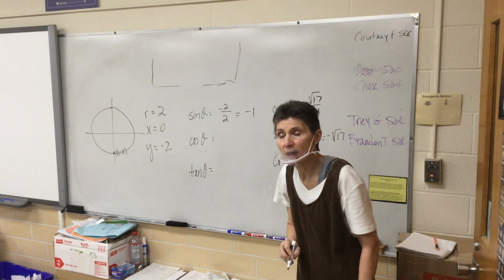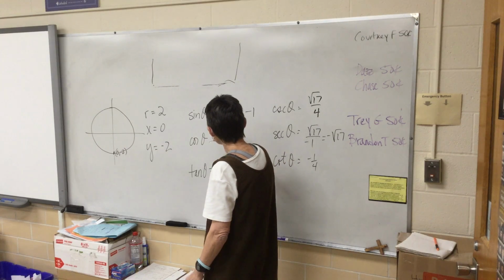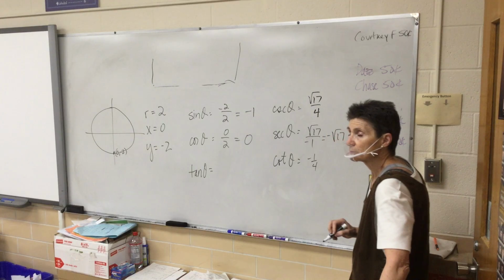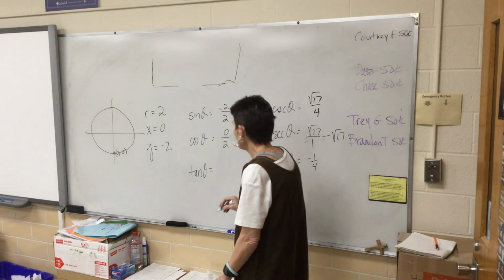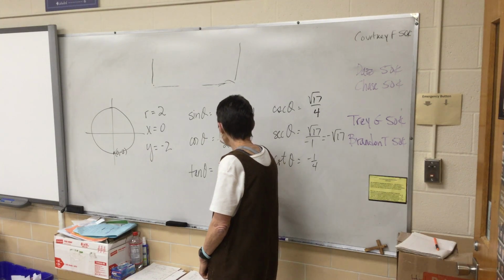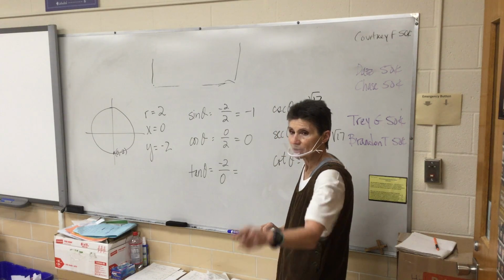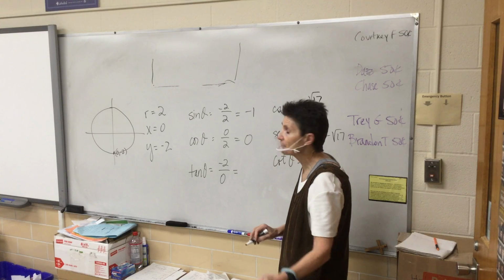Now what's cosine? X over r, so that will be 0 over 2, or 0. Tangent is y over x. What's wrong with y over x? There's a 0 in the bottom, and what do we know about zeros in the bottom?